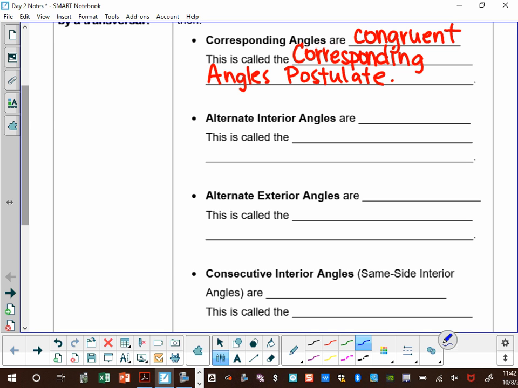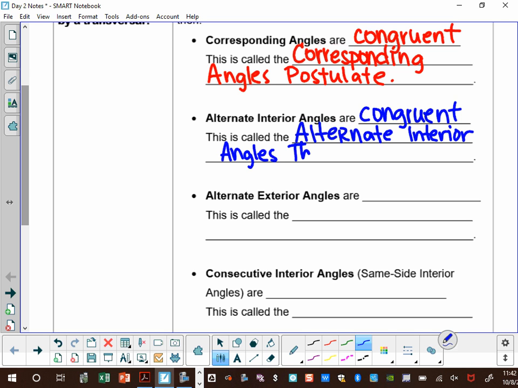Alternate interior angles are congruent. This is called the alternate interior angles theorem. So when you guys see these words again, when we practice our proofs, you won't be super confused.